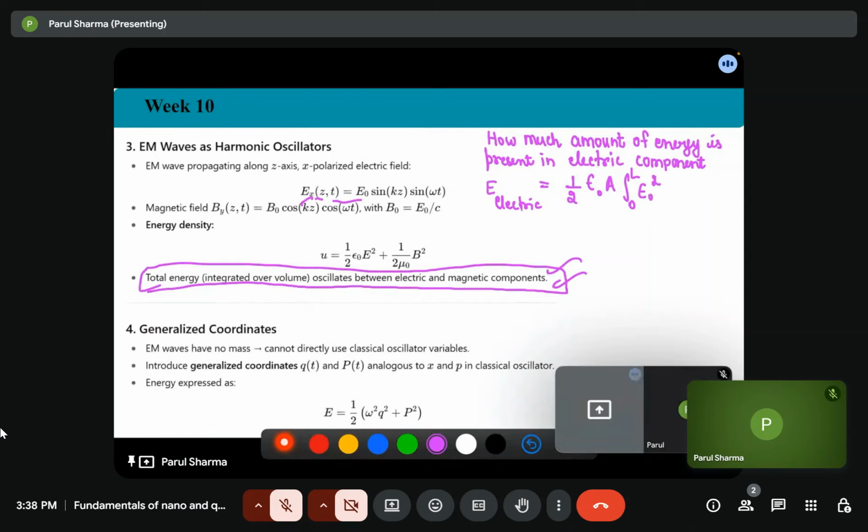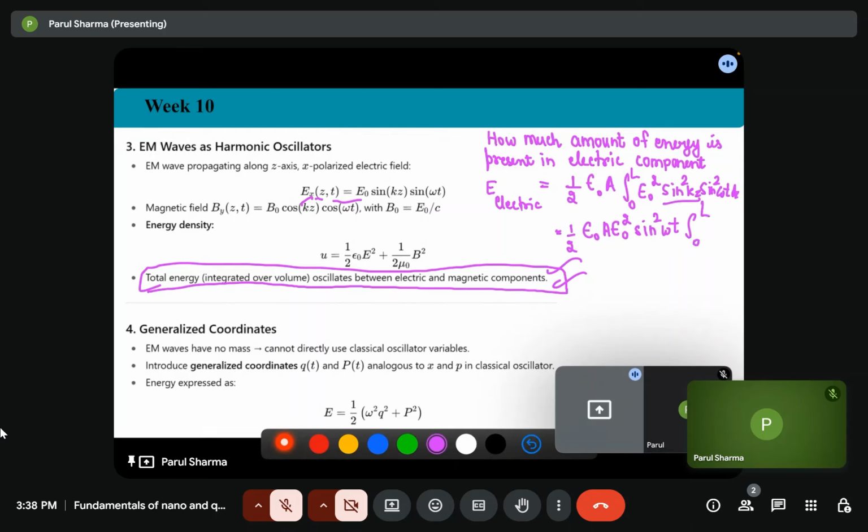E naught square sine square kz sine square omega t dz. So it will give us half epsilon naught A E naught square sine square omega t, and the integration.